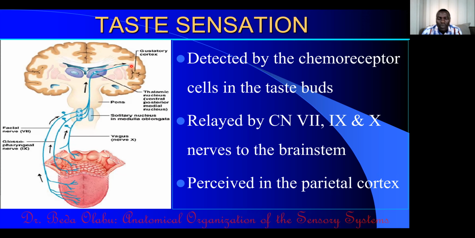And if you remember, we mentioned it as para-insular region, area number 43. Also remember that according to the homunculus diagram, the head region and the tongue will be somewhere here. That's why taste goes somewhere there and not somewhere there. Great, so that is sensation regarding taste.